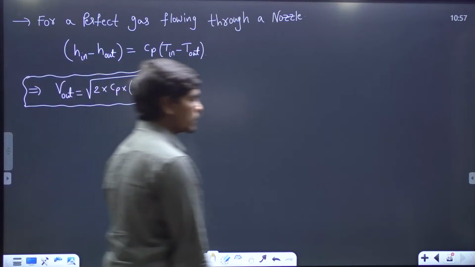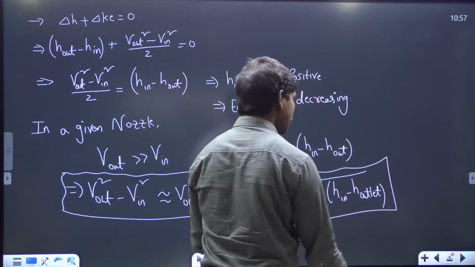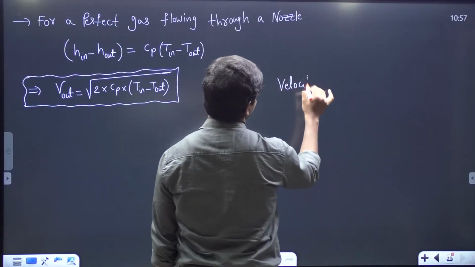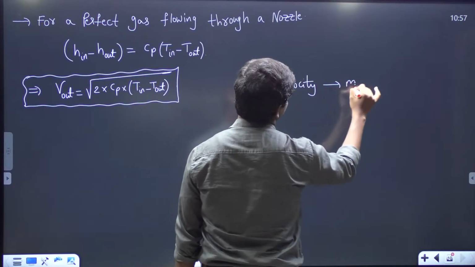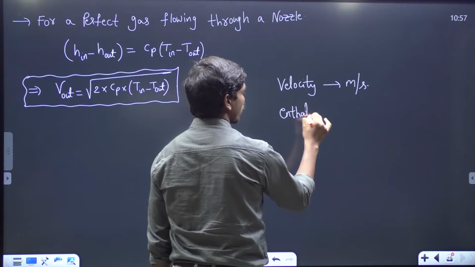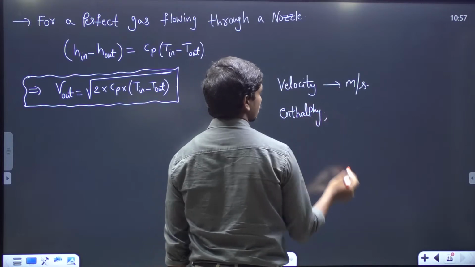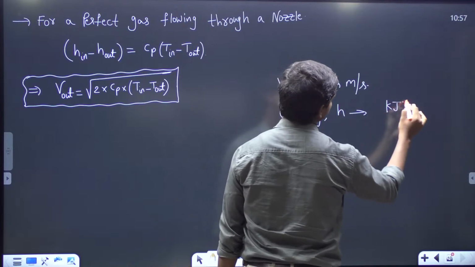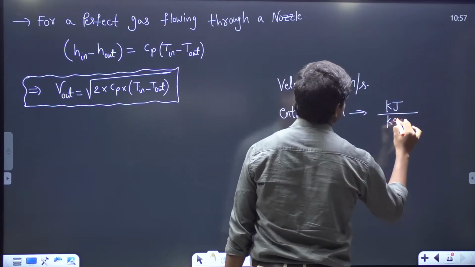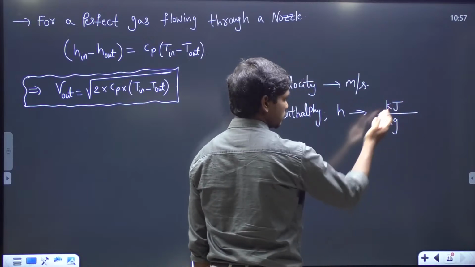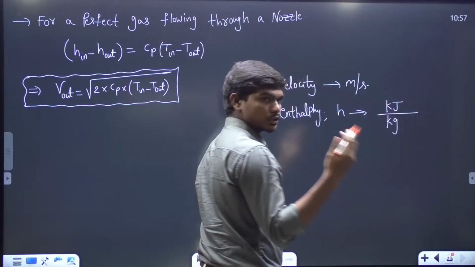One of you asked me how to show these units are same. So see here. What are the units of velocity? Meters per second. For enthalpy, I'm talking about specific enthalpies here, so H is in kilojoule per kg, or joule per kg, because kilo is just a denotation of the quantity.